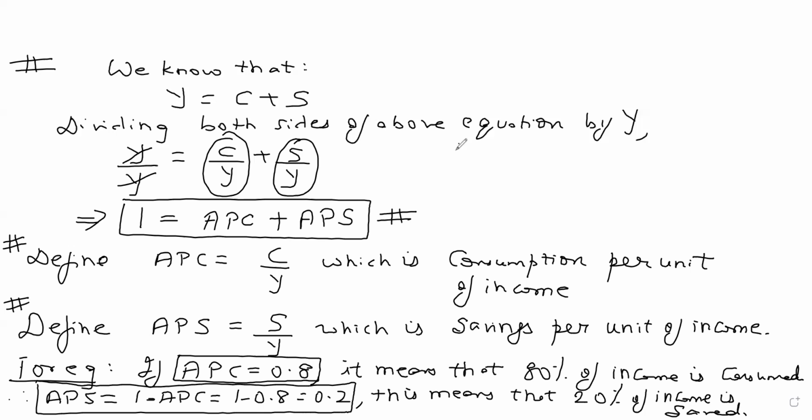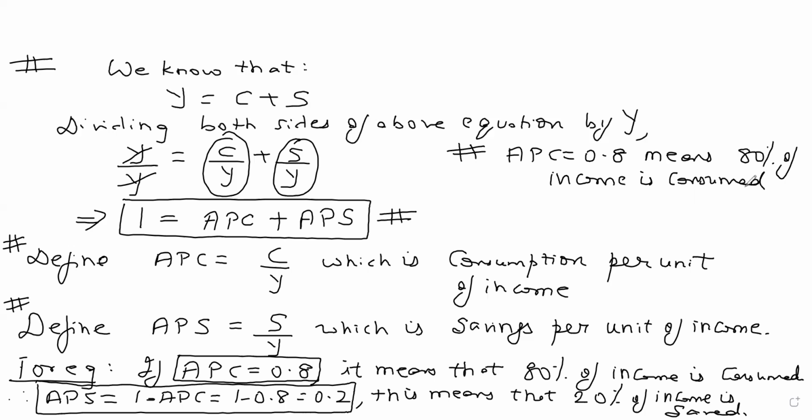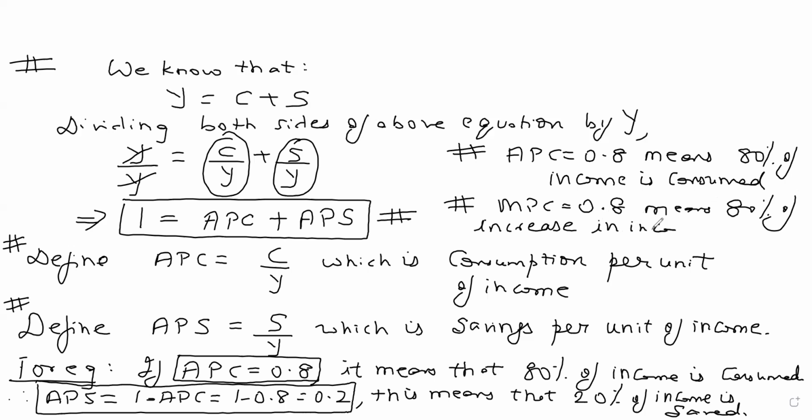So if I quickly write it here, APC equal to 0.8 means 80% of the income is consumed. MPC equal to 0.8 means 80% of the increase in income is consumed.